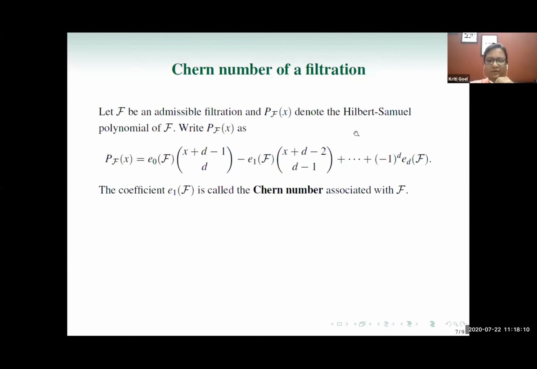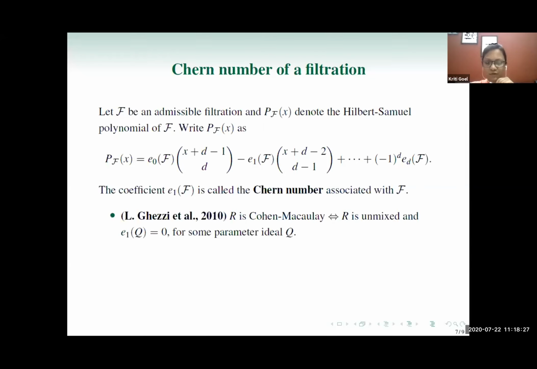If we have an admissible filtration, and we have Hilbert-Samuel polynomial P sub f of x, and we have the following expression, then the coefficient e1 of f is called the Chern number of the filtration. And as I mentioned, there are some results in the history which I would like to quote here. The first one is by Ghezzi and a few more people in 2010.